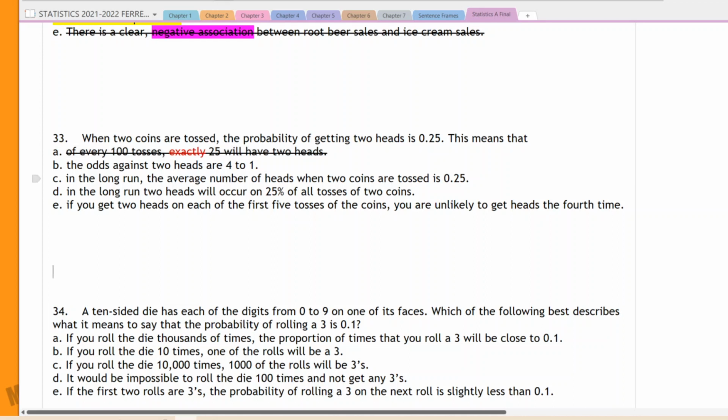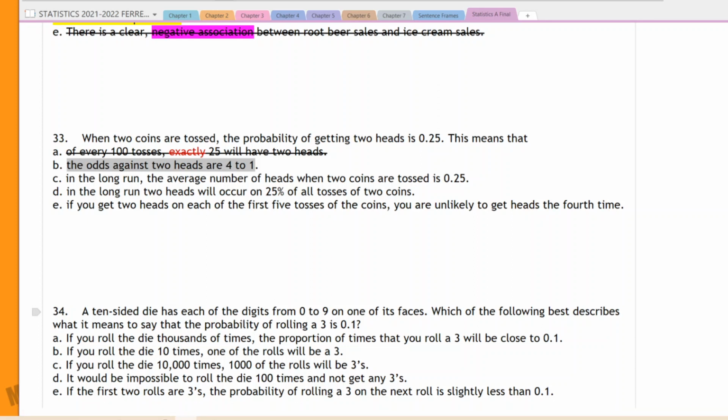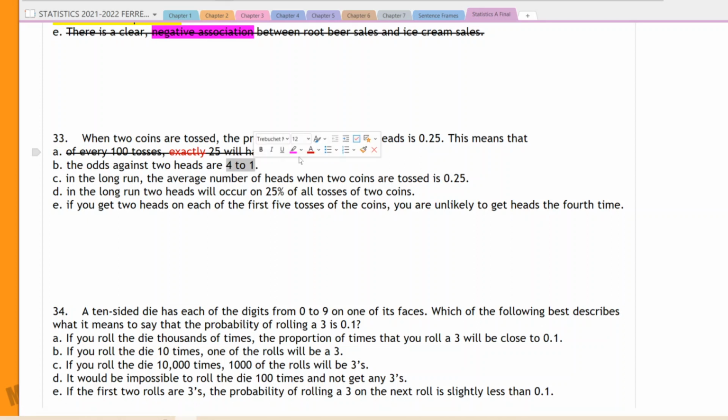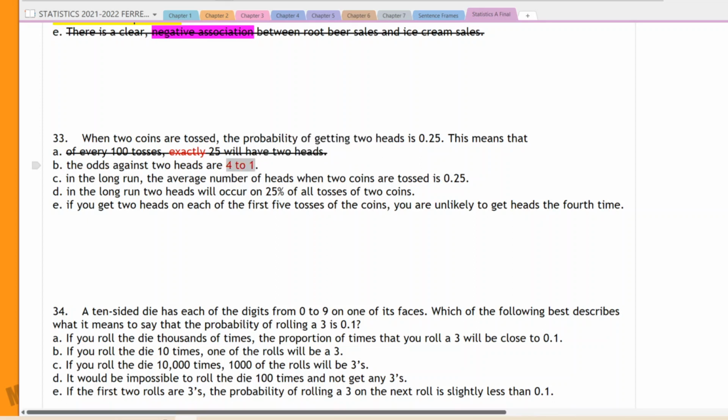Okay, the odds against heads are 4-1, and it's actually 3-1. 75% to 25% is 3-1. So this 4-1 business here, that's not correct. It's actually 3-1.